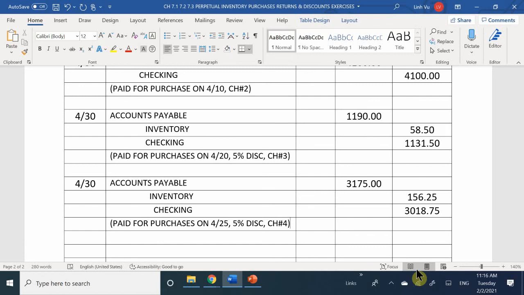Okay, so again, this one is a little trickier because you just have to remember that your accounts payable is going to reflect both your original purchase price and your freight expense. You just have to remember you cannot discount off of freight, you cannot discount off of sales tax, you can't discount anything because those are going to be considered separate costs.